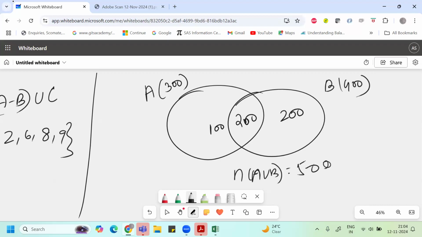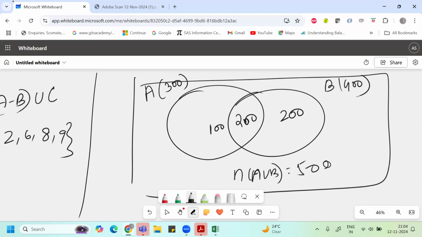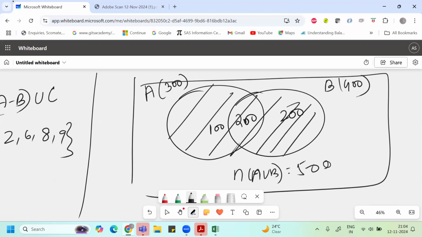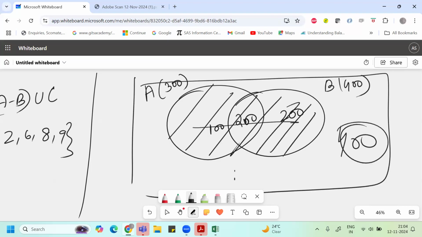Now, guys, if A union B is 500, and the number of elements which are not part of A union B is 400, so this is 500 and this is 400. So what is Z, guys?